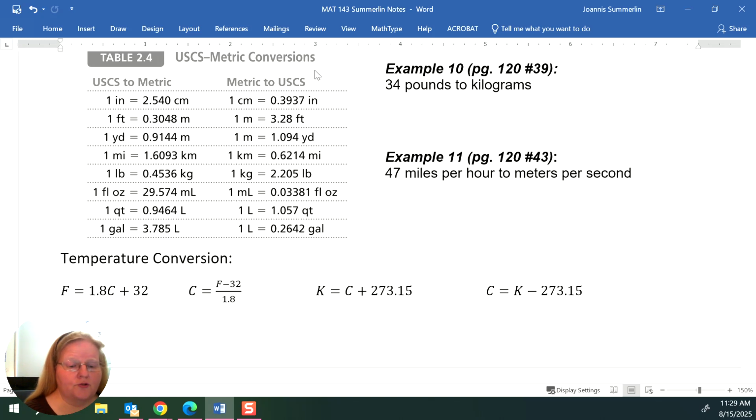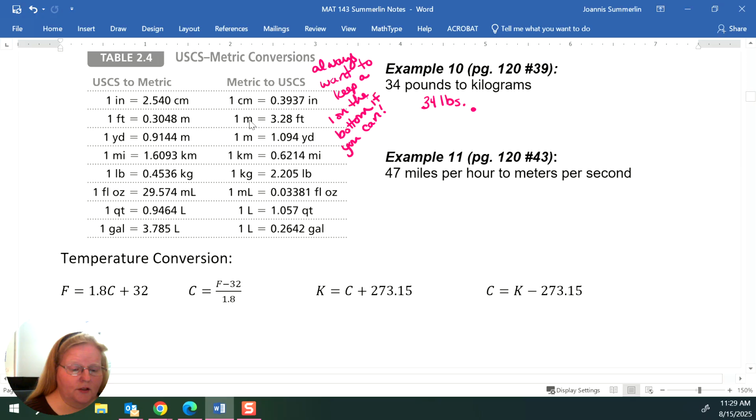Well, the problem is you always want to keep a 1 on the bottom if you can. So when I'm going from 34 pounds to kilograms, I look up here and I can use this one or this one because they both go pounds to kilograms.